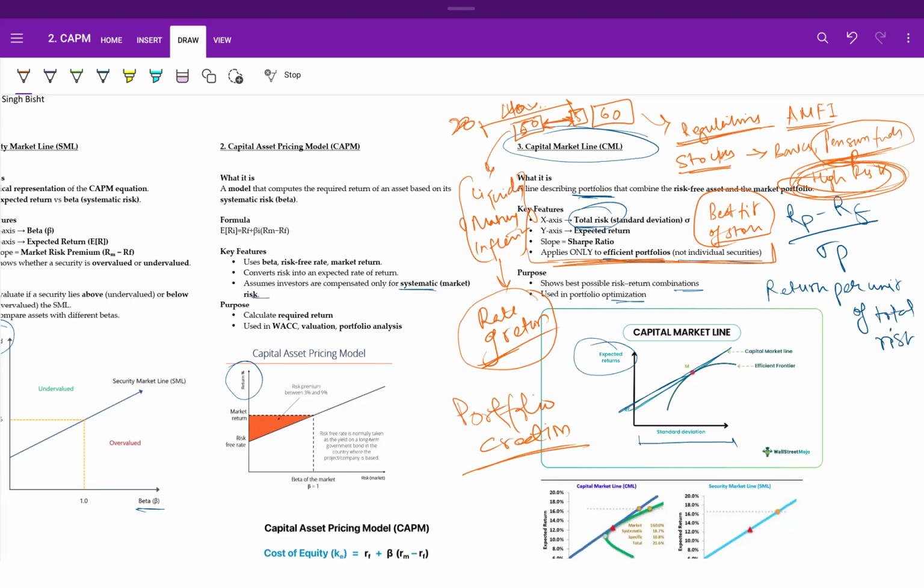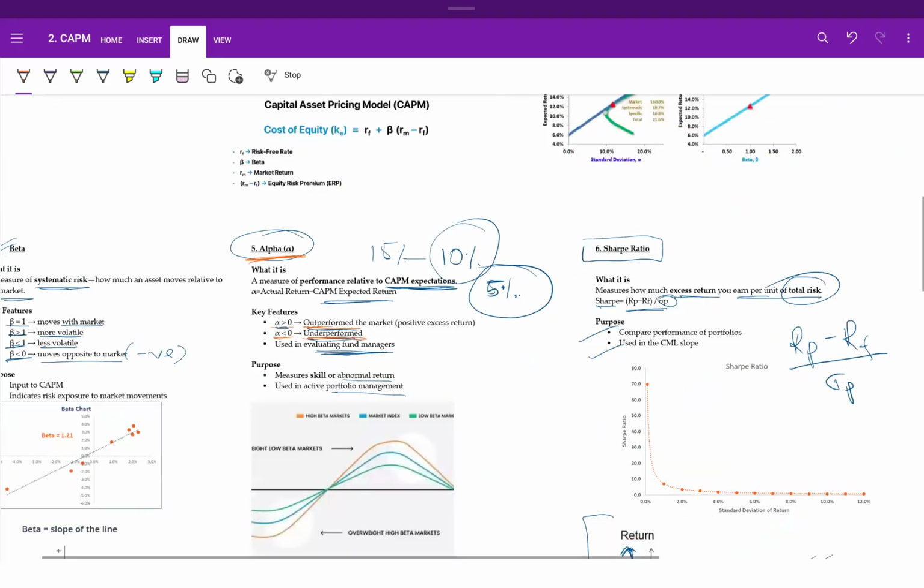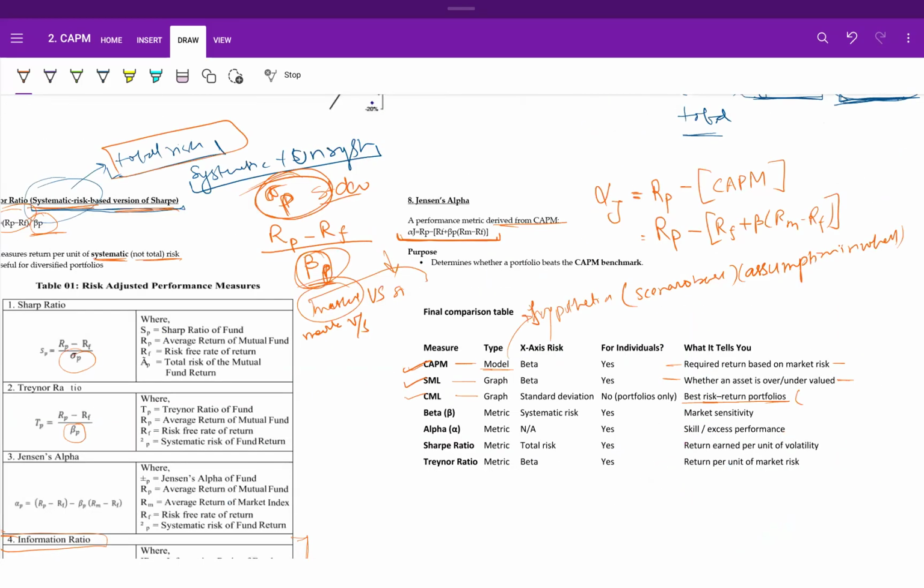But there are a lot of factors which influence the screening, the selection, the picking of stocks. And from those picks, you actually have to look into the risk and the return and make an efficient portfolio for yourself. So this is what we were talking about, the CML, the capital market line, the best risk return portfolios.